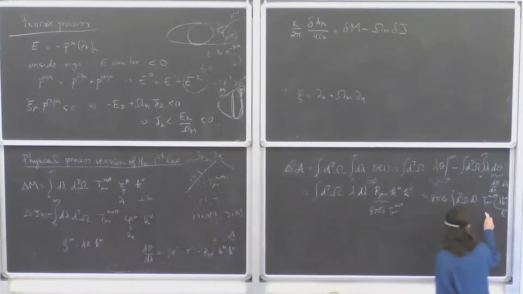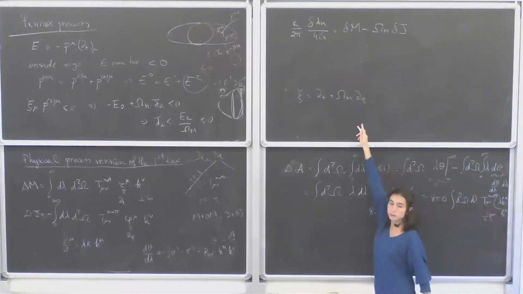Therefore, this term over here is nothing but 1 over kappa xi mu, where xi mu is the Killing vector that's orthogonal to the horizon, that particular one. Okay, which in our case, since this is a rotating black hole, it's going to be given by this.